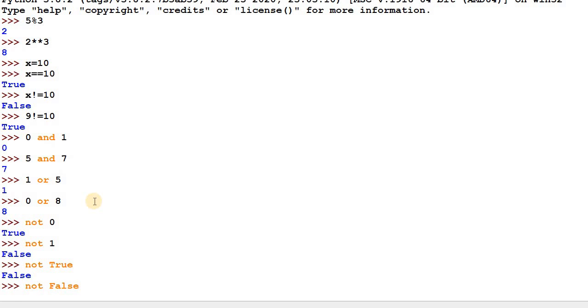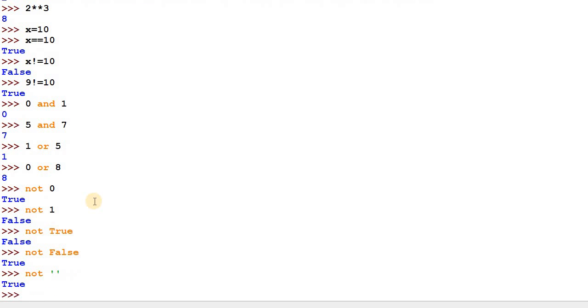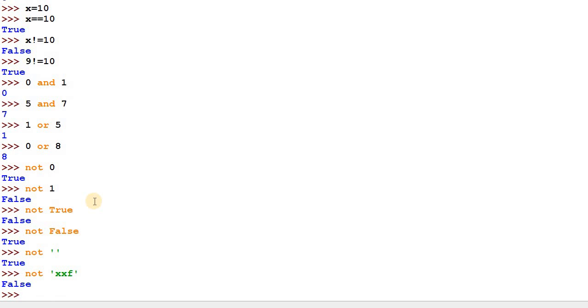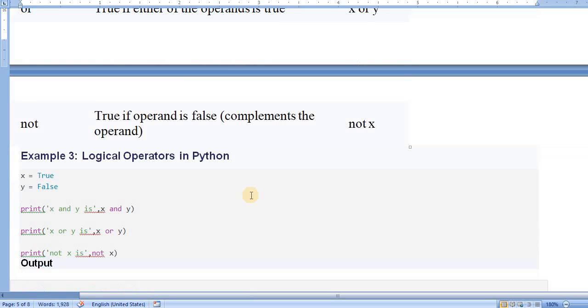Not false returns true. Not the empty string returns true, because the empty string is also treated as false. And not any string I am using, this is true because it has some value, so it returns false. So in this way, logical operators evaluate in Python.